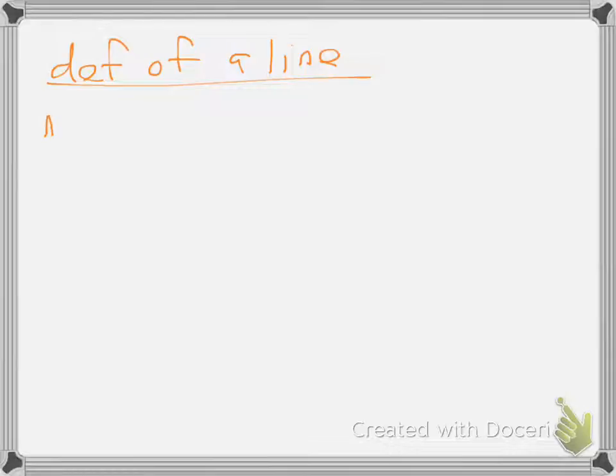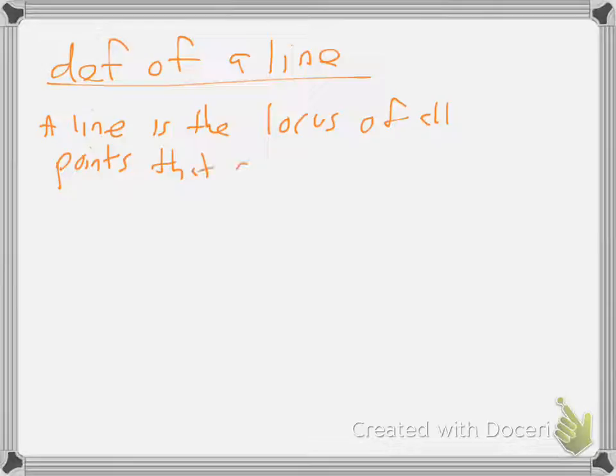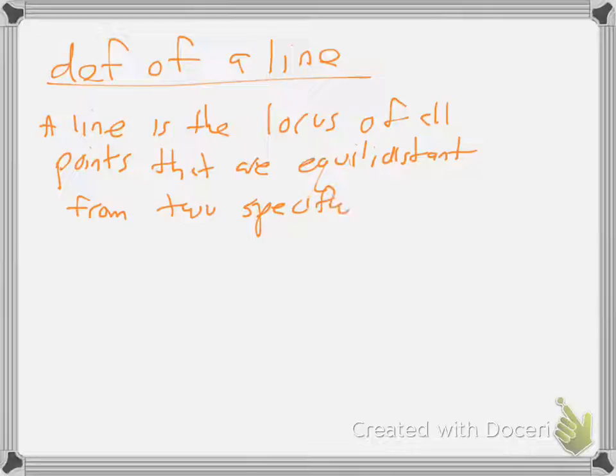It says that a line is the locus of all points that are equal distance from 2 specific points.